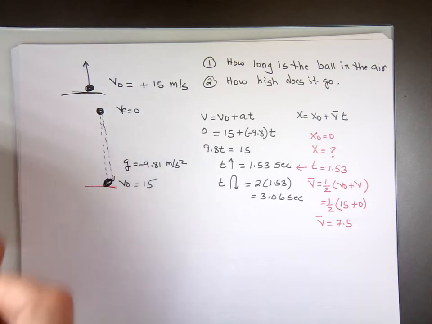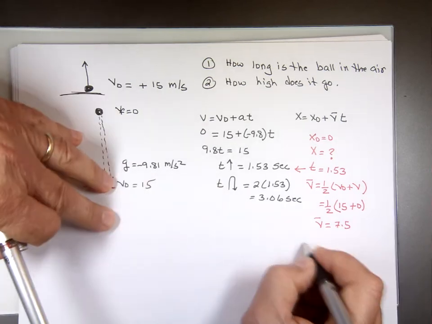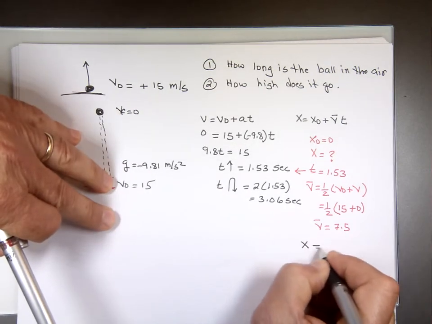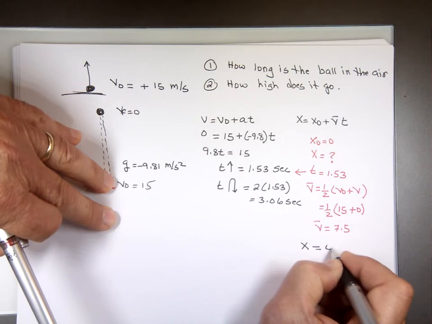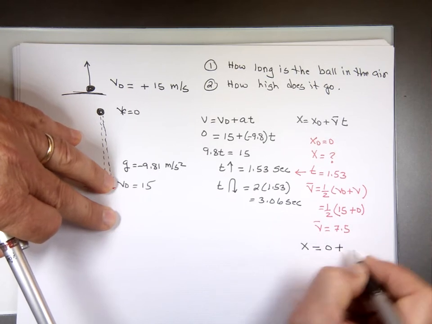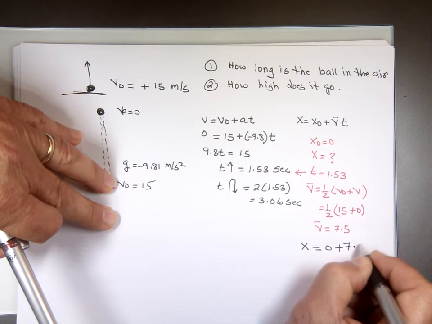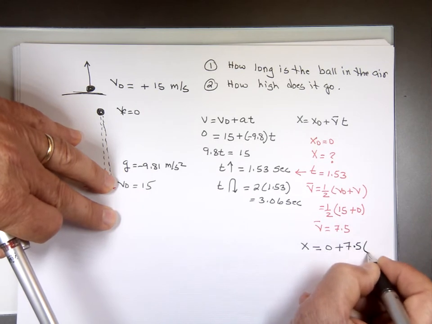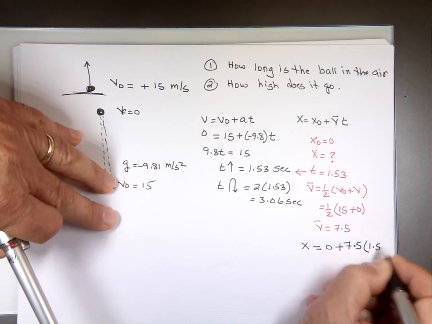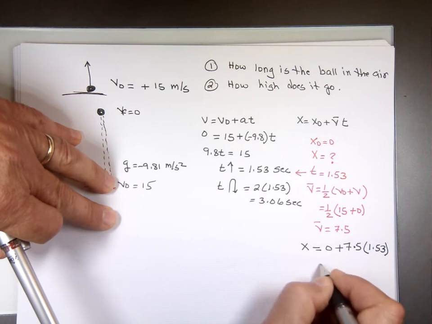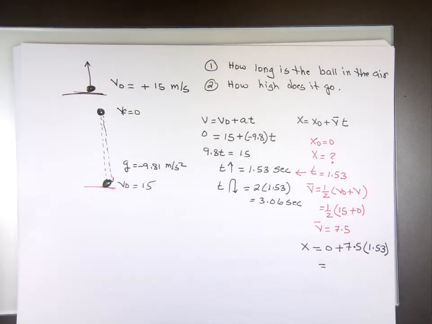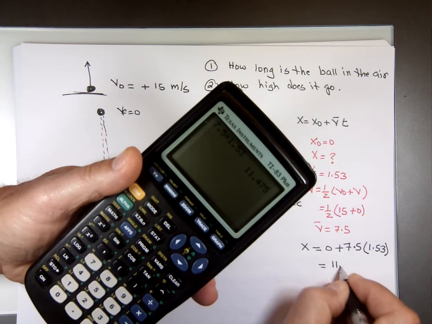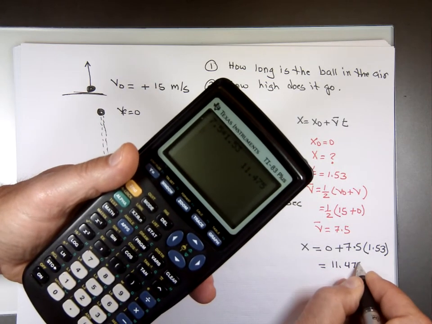Can I get now what x is? X sub 0, which is 0. Initial velocity is 7.5. The time is what? 1.53. 11.475 meters.